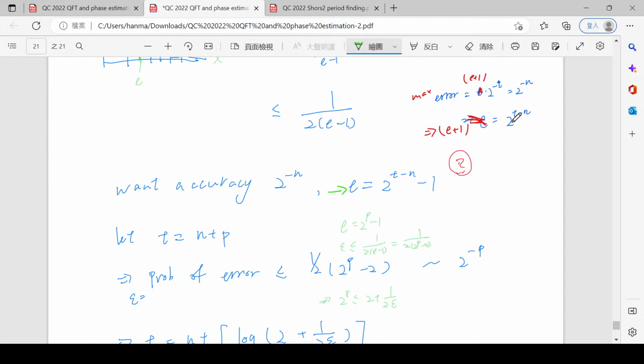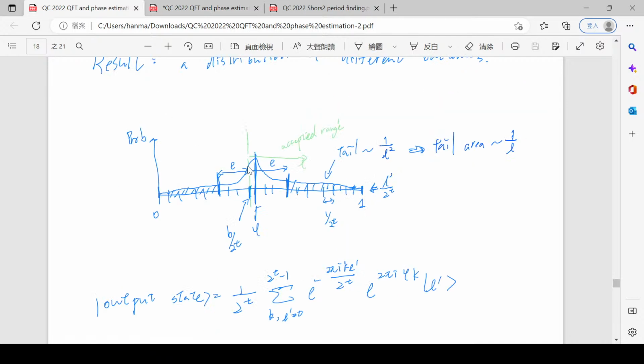The calculation is: what's the maximum error you can have? Looking back at this picture, you can just count how many ticks there are. We are saying everything within plus or minus e is correct, but then you have this half tick here.